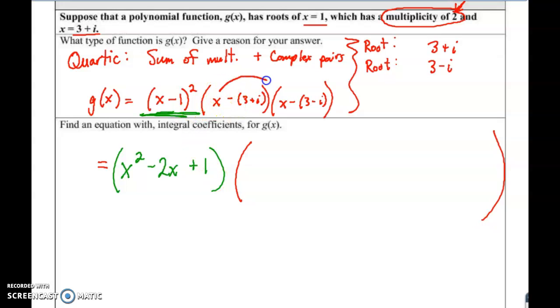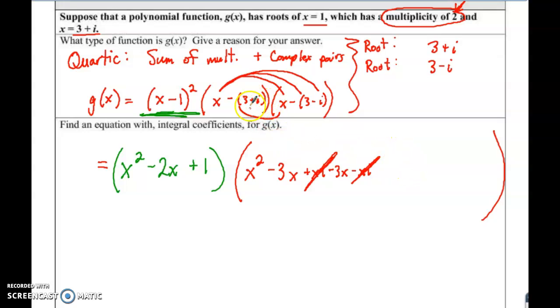Because I could talk about this and have you distribute and then distribute everything, but all of those i's are going to cancel out. So what's going to happen is as I do minus 3x, and then if I distribute this, it's actually going to be plus xi, but then as I distribute this negative, this x in here, I get minus 3x and then minus xi, and what you should notice is my i's are going away.